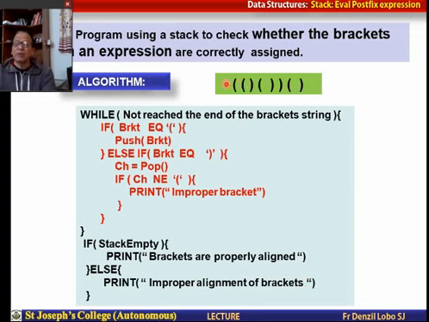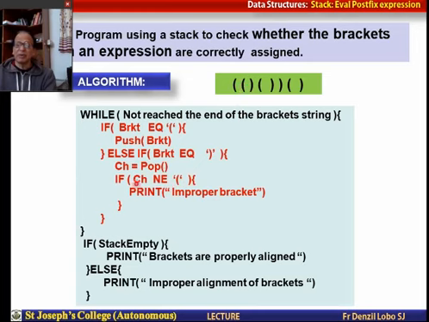So how do we do it? Whenever we come across the left parenthesis, we push it onto the stack. So if the bracket is equal to left parenthesis, push it onto the stack. For example, this will go onto the stack, this will go onto the stack. The moment you get a right parenthesis, you pop it and check whether it is a left parenthesis. That is very important.